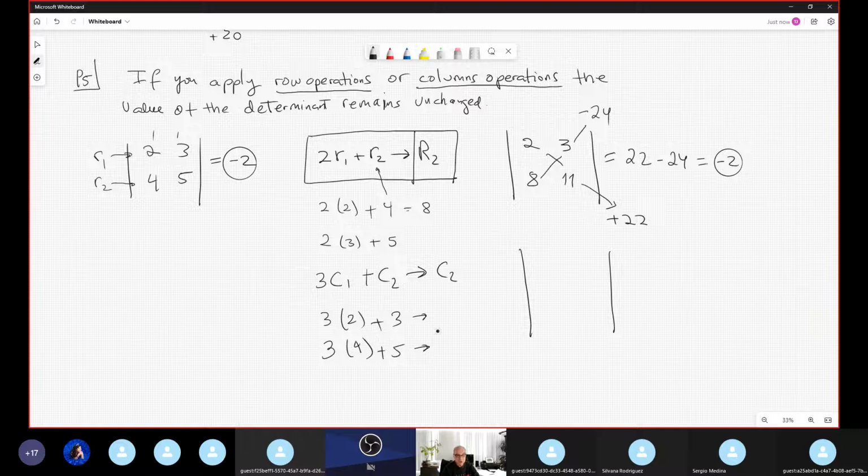The result is stored in column 2. Column 1 stays the same because it only participates in the operation. The final answer is stored in column 2. So we have 2 times 3 is 6 plus 3 is 9. And 12 plus 5 is 17.